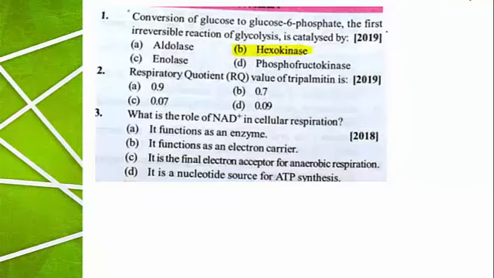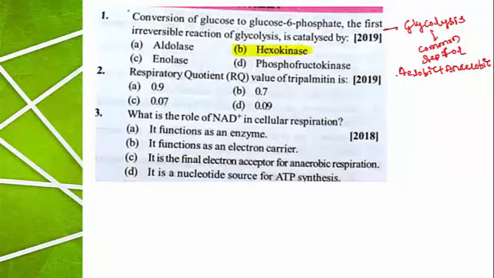So what are the highlighting points for the question? So here I will write glycolysis, common step for aerobic and anaerobic respiration. It is a common step for aerobic and anaerobic respiration.